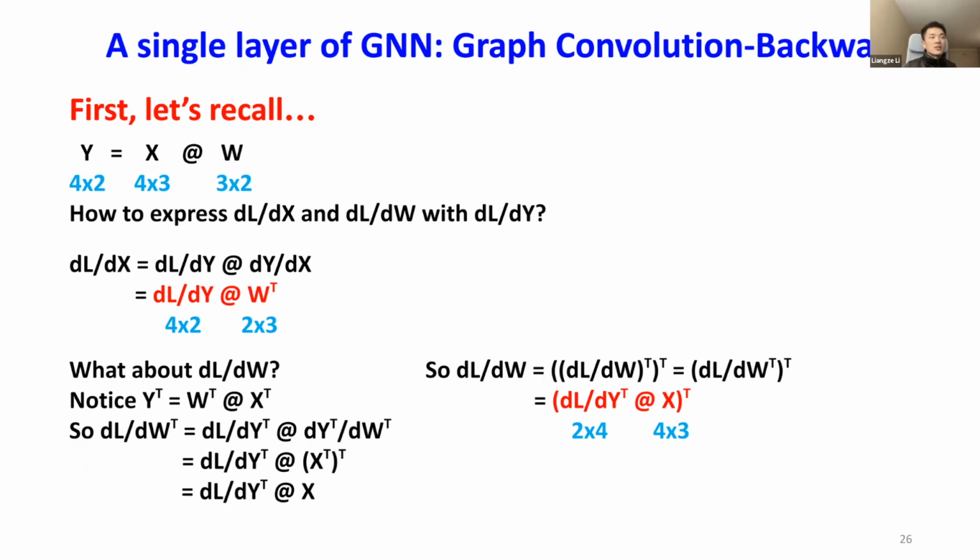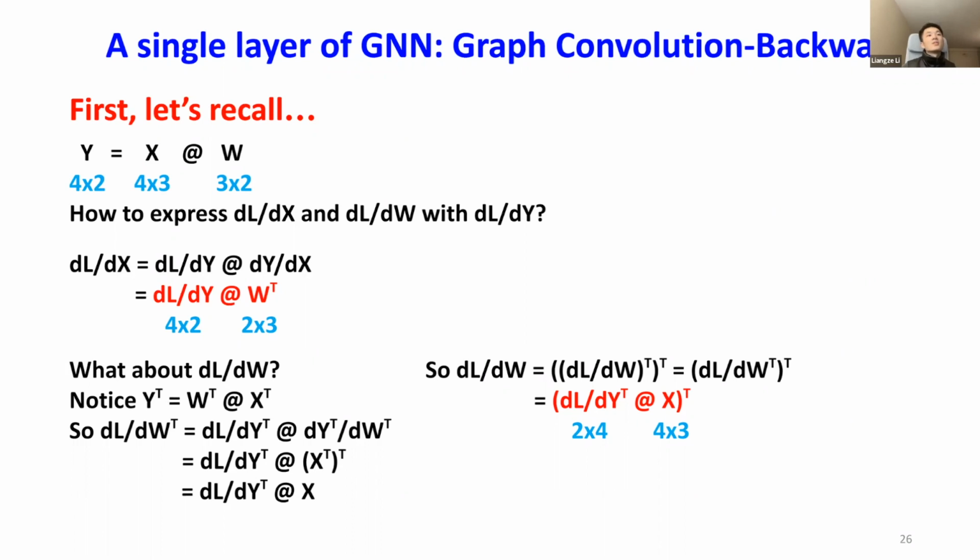Because the original dimensionality of Y is 4 times 2. This is 2 times 4. And then X is a 4 times 3 matrix. So these two things multiply to be a 2 times 3 matrix, right? And we take the transpose of the result of this multiplication. So that gives us this 3 times 2, which is the same as the original W. So we know that this is probably correct.